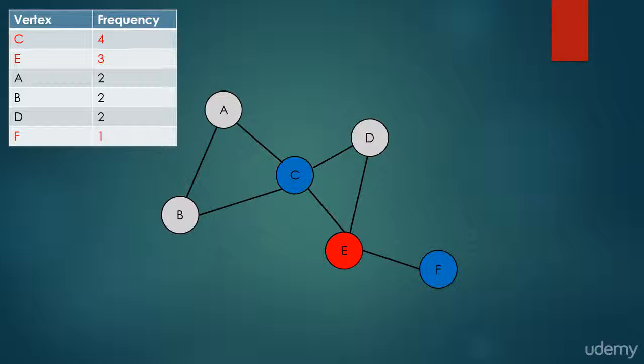We can reuse this color if there are no neighbors of the given node with it. So for example, we can use red for node A because A is not a neighbor of E. And that's all. We cannot color B or D red because it would violate the coloring problem main concepts.